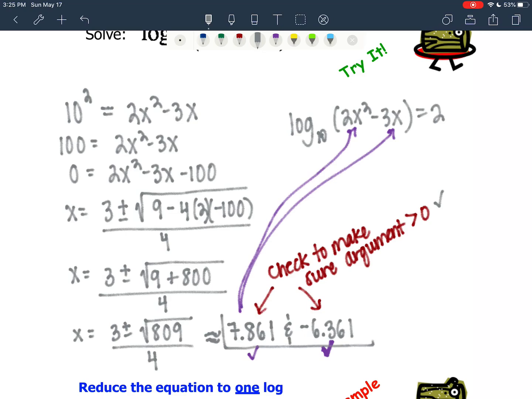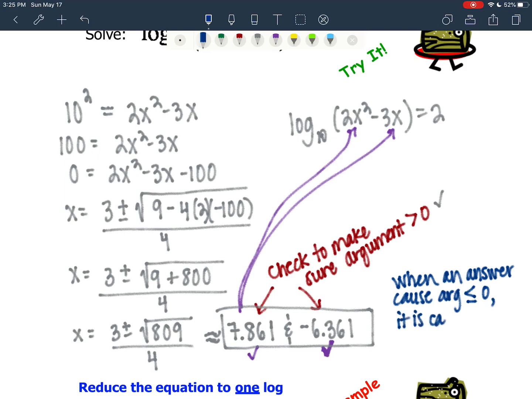Therefore, both of those answers are solutions. Now we're going to make a note. When an answer causes the argument to be less than or equal to 0, it is called extraneous.